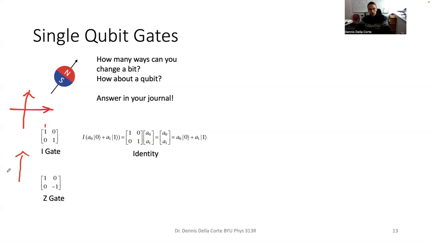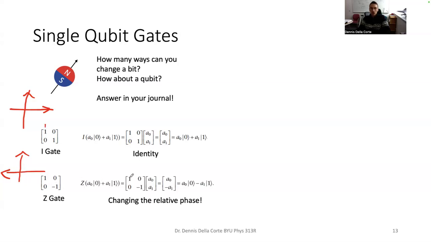You are still going up on the first one, but then the second one is actually pointing to the left. It's a negative sign. And when you apply this one, you are going to change the phase of A1 here. So the probability amplitude has changed its sign. And that will be useful at times.